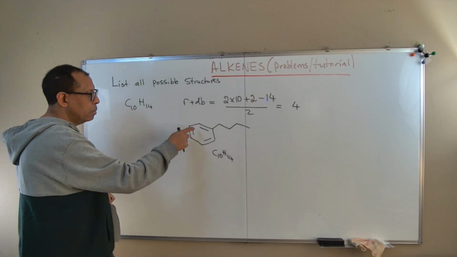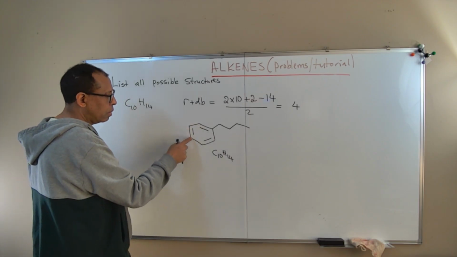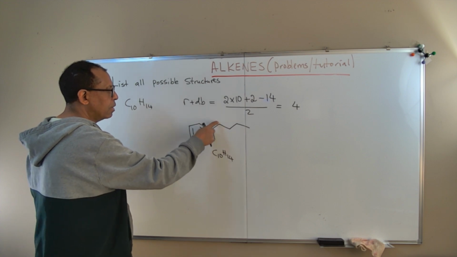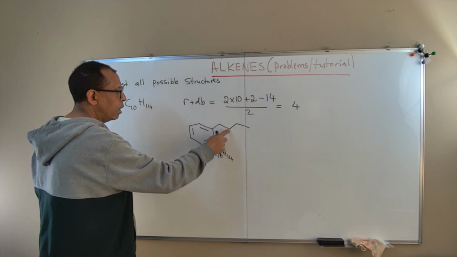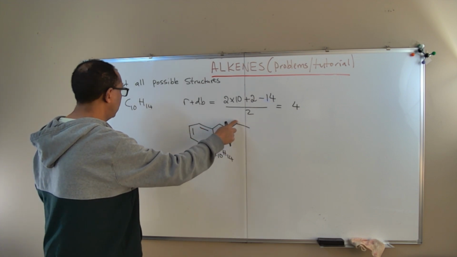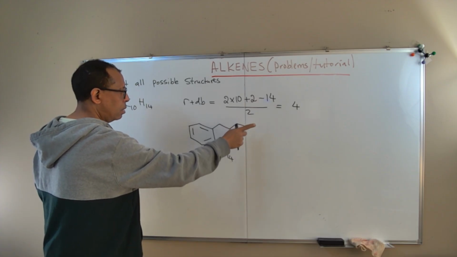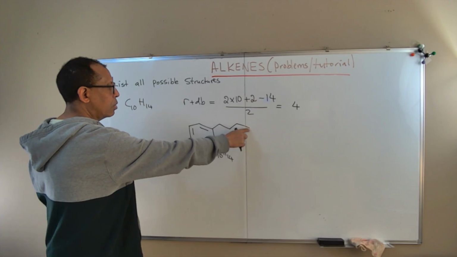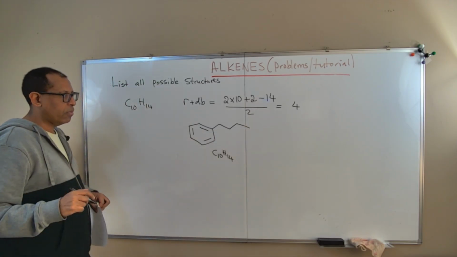How do I know? You have 1, 2, 3, 4, 5 carbons, 5 hydrogens, 7 hydrogens, 9 hydrogens, 11 hydrogens, 14 hydrogens, because there are 3 on this. This is C10H14.